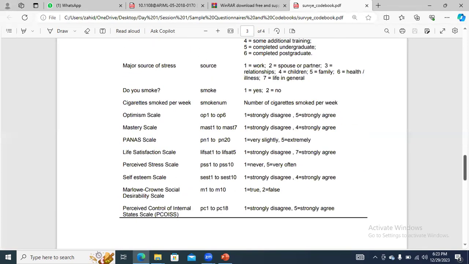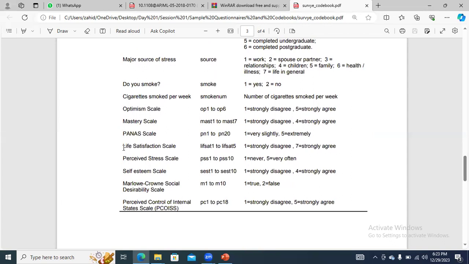He has also codified the variables, like one of his variables is life satisfaction, and he has given the Likert scale codification, strongly disagree to strongly agree. There are two types of scale that researchers normally use. The first category is called the 5-point Likert scale, and the second is called the 7-point Likert scale.